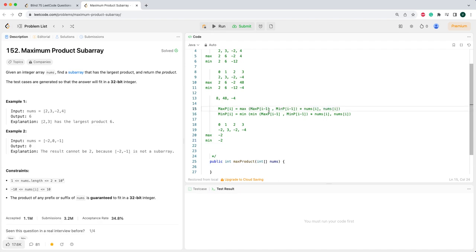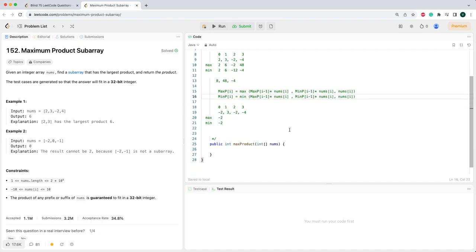Here we are saying the maximum of this, this, and this, right? And this will just become the minimum. Take the minimum of it, right?